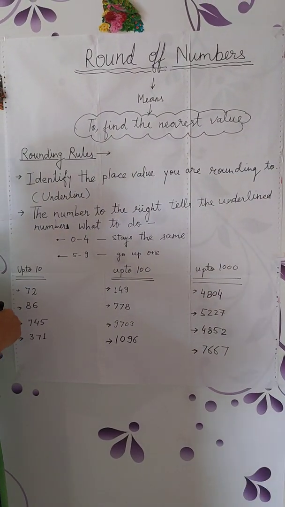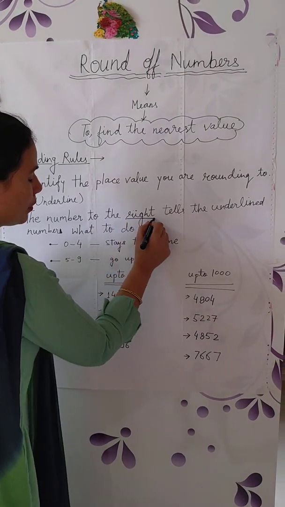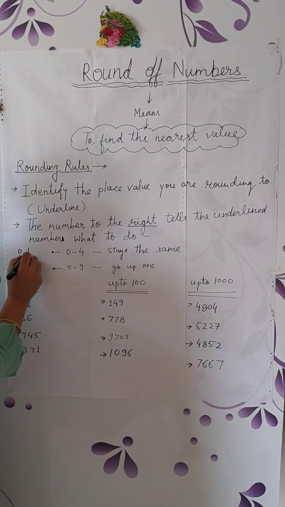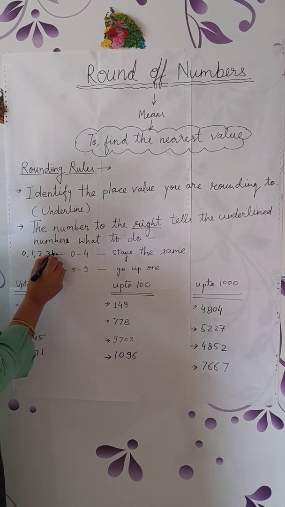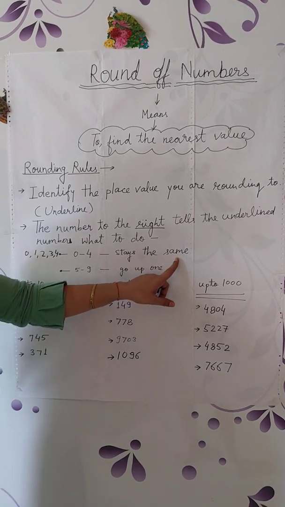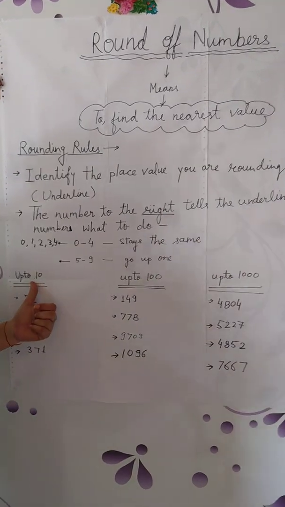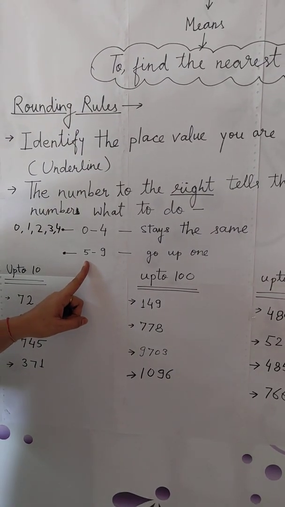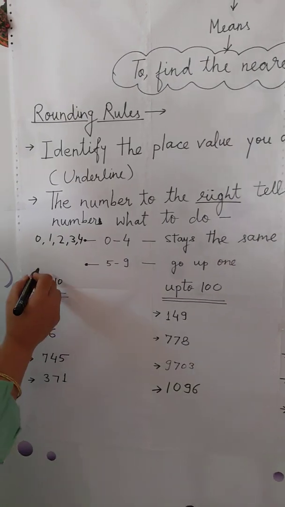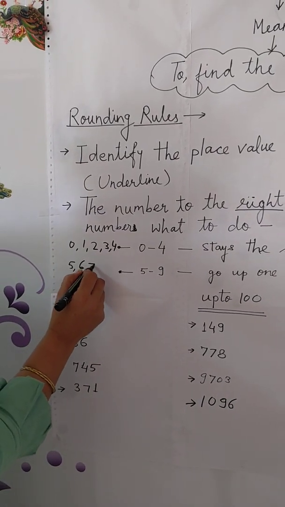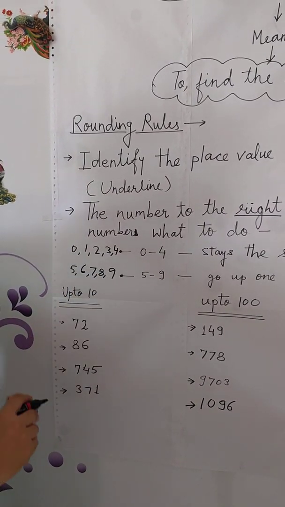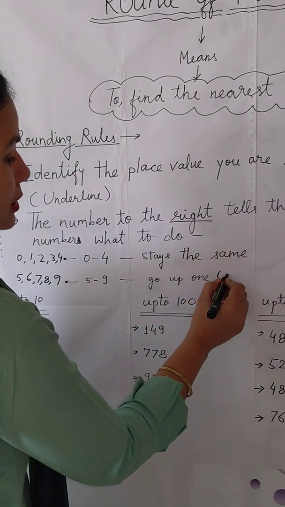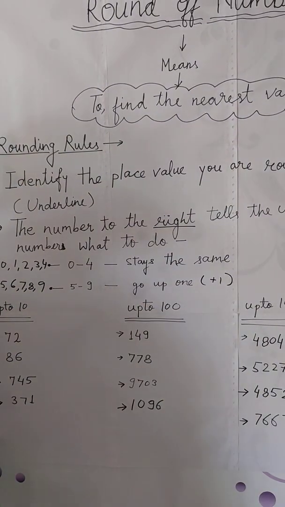If the digit on the right side is 0 to 4, meaning 0, 1, 2, 3 and 4, then the underlined number stays the same. But if the digit is 5 or greater, meaning 5, 6, 7, 8 and 9, then you have to go up once, meaning you add 1 to the underlined number.